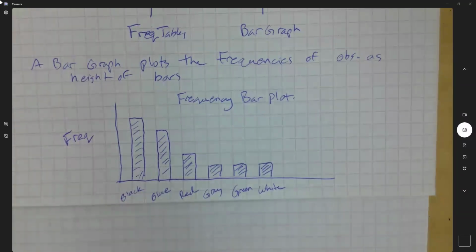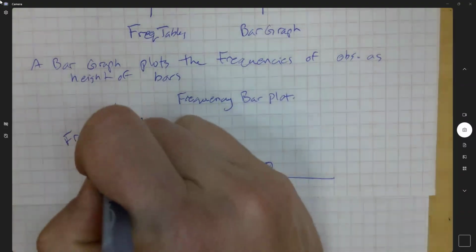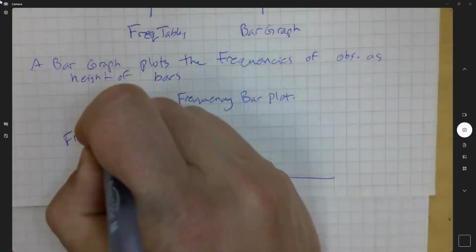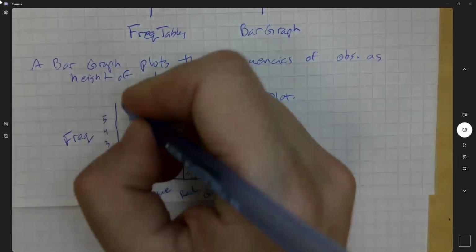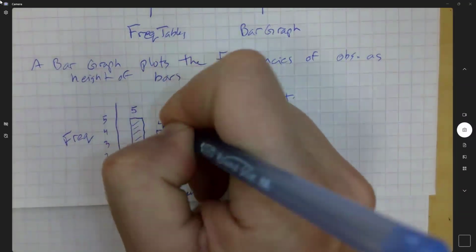Could we put like the numbers of the frequencies on the left side of the bar, or is it okay to just kind of make up how high the bar should be? That's great. I neglected to complete. You should have your units here. And even better is go ahead and write the frequency at the top of the bar.